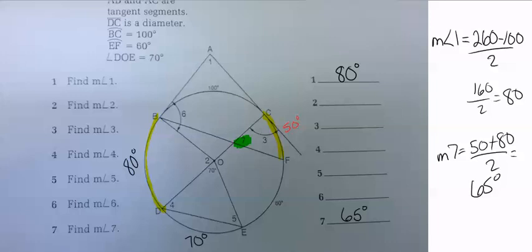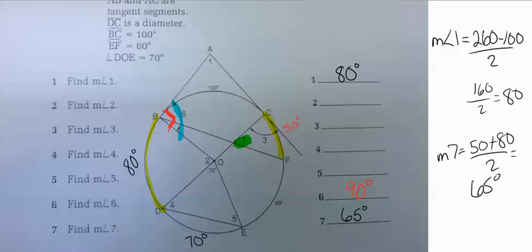Now let's look at angle 6. Angle 6 is right here, and because AB is a tangent line to the radius BO, what you'll notice, or remember hopefully, is that a tangent line is perpendicular to the radius, which means that angle 6 will be 90 degrees.